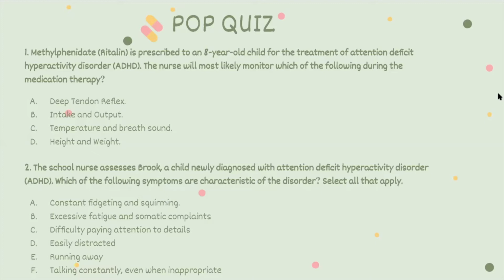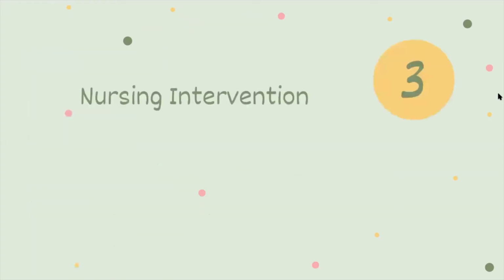B, excessive fatigue and somatic complaints. C, difficulty paying attention to details. D, easily distracted. E, running away. F, talking constantly even when inappropriate. Please give me the answer.